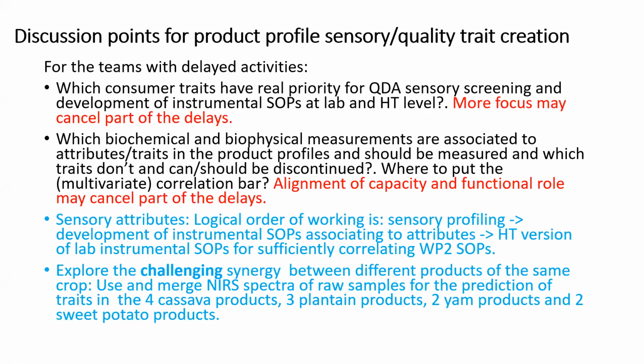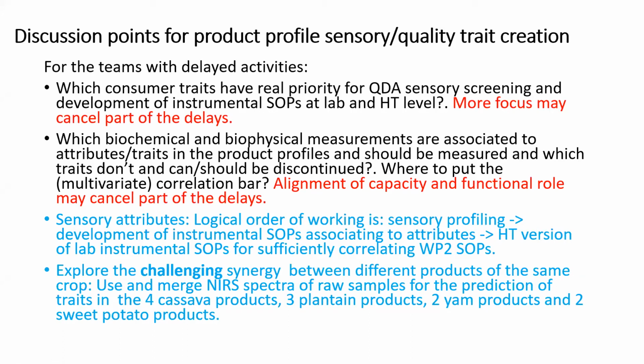So we have some suggestions and observations for the teams that have delayed activities. You could ask yourself, which consumer traits have real priority for QDA sensory screening and development of the SOPs at lab and high throughput level?